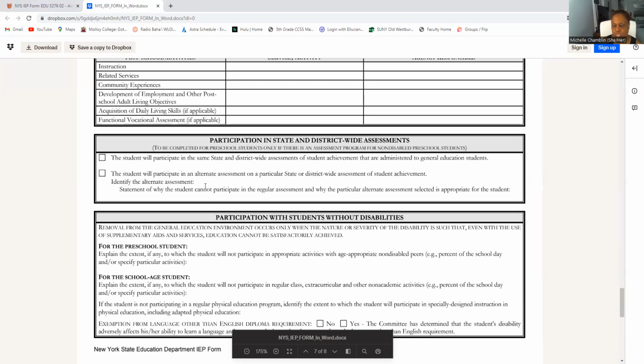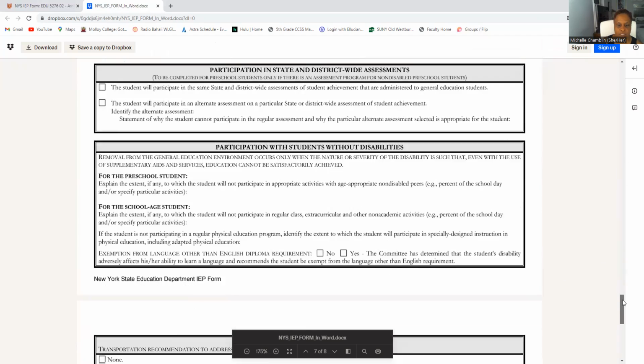And so these numbers have changed over time. So that is a course in and of itself. So for this, without getting too sidetracked, for now, there is a distinction between the two. And so we have to say whether or not. And in your committee, if the student is at a local school, there's a high probability that they will be participating in the state and district assessments.